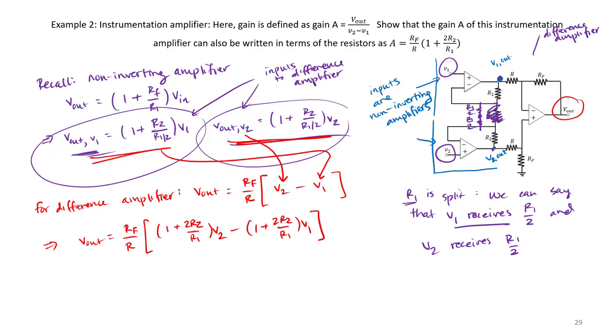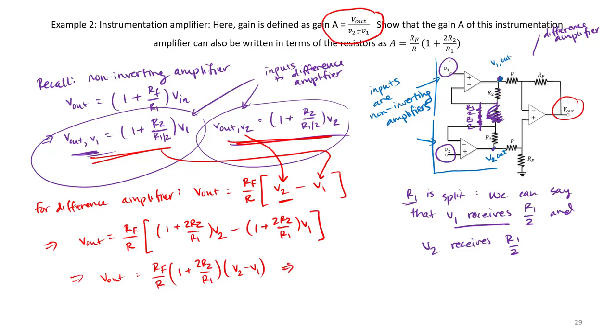Notice if I substitute in for my lower output V2, I get R2 divided by R1 divided by R2, that becomes 2R2 over R1. So I get the expression here. So I can determine my V out is equal to RF divided by R times 1 plus 2R2 over R1 times V2 minus V1. Remember, we said earlier that our gain can be written as our output voltage V out divided by V2 minus V1.